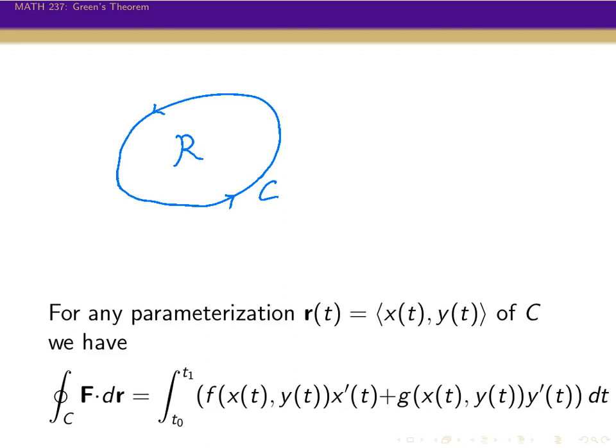Okay. So looking at this, we see that inside on the right, there really are two parts coming from the dot product. There's the part with the f component that's dotted with x prime, and then there's the part with the y component dotted with y prime.